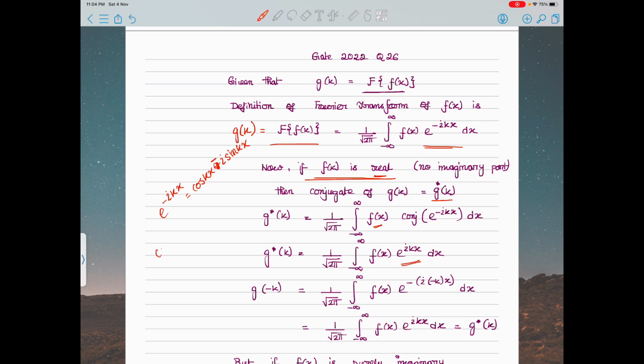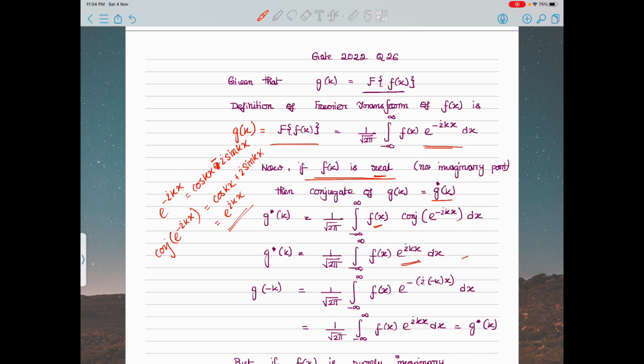Therefore, if you take the conjugate of this, we will get cos kx, and only the imaginary part sign will change, it will be plus iota sin kx. Therefore, this becomes nothing but e to the power iota kx. This we should be remembering. So g star of k is 1 upon root 2 pi, integral from minus infinity to infinity, f(x) e to the power iota kx dx. This is what we are getting.